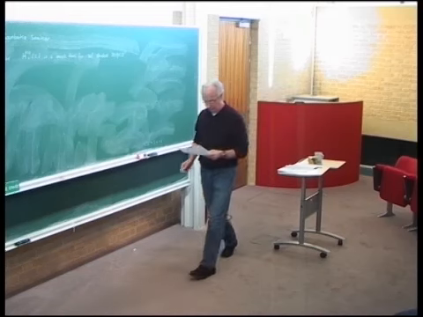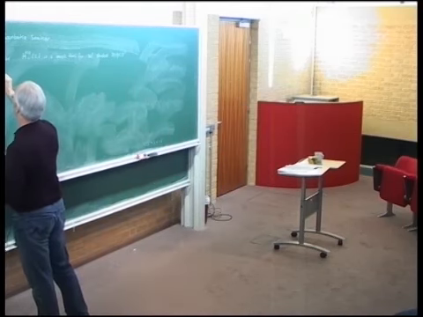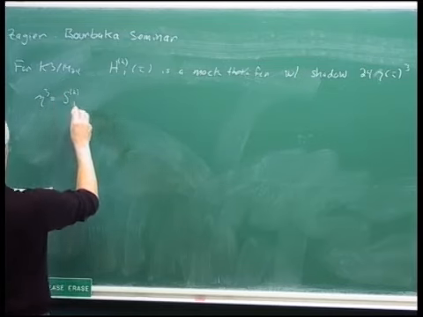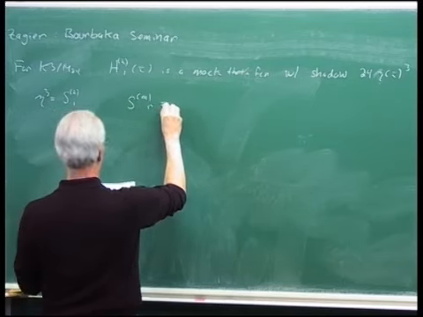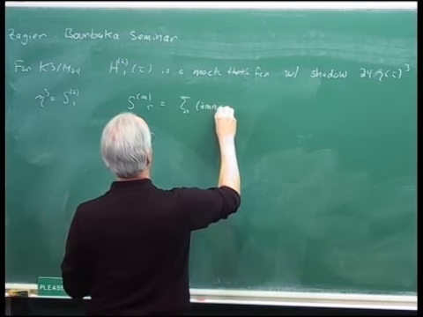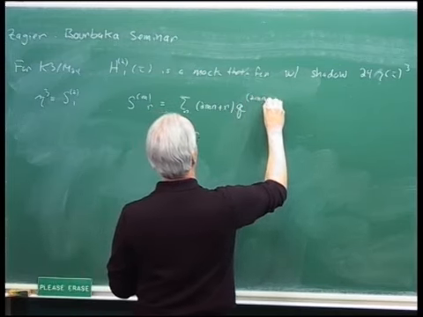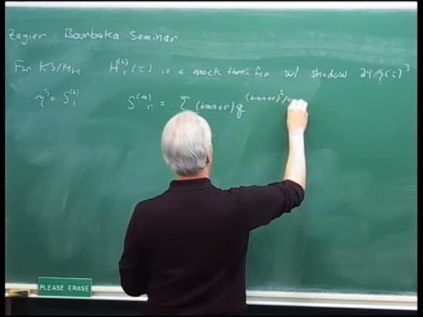I can mention, though, that eta cubed can be written as S21, where SMR is the sum over n of (2mn plus r) q to the (2mn plus r) squared over 4m.